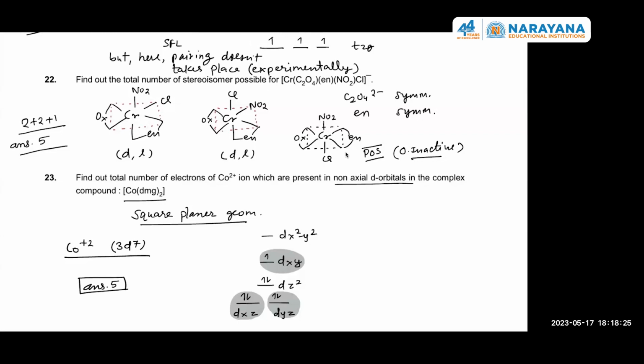Yes, one student is asking how the last compound in question 22 has a plane of symmetry. See, if we draw it, this is chromium, and in this situation we have ethylenediamine as a ligand and oxalate as the ligand.